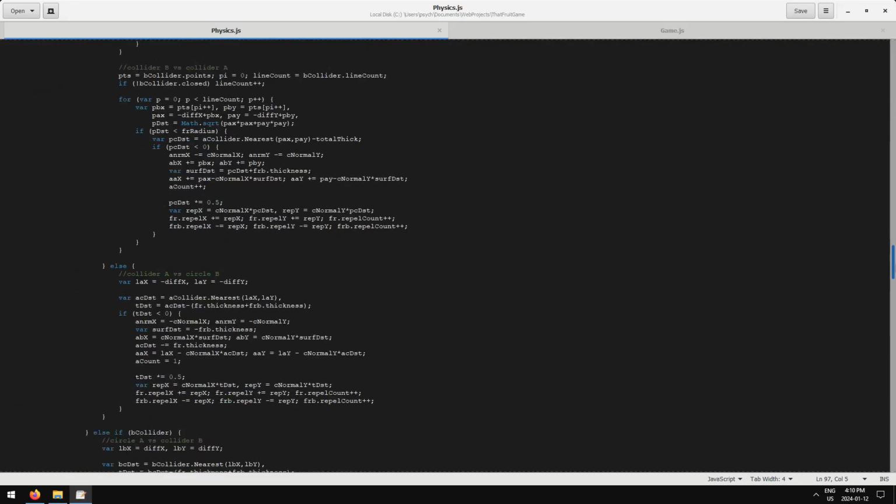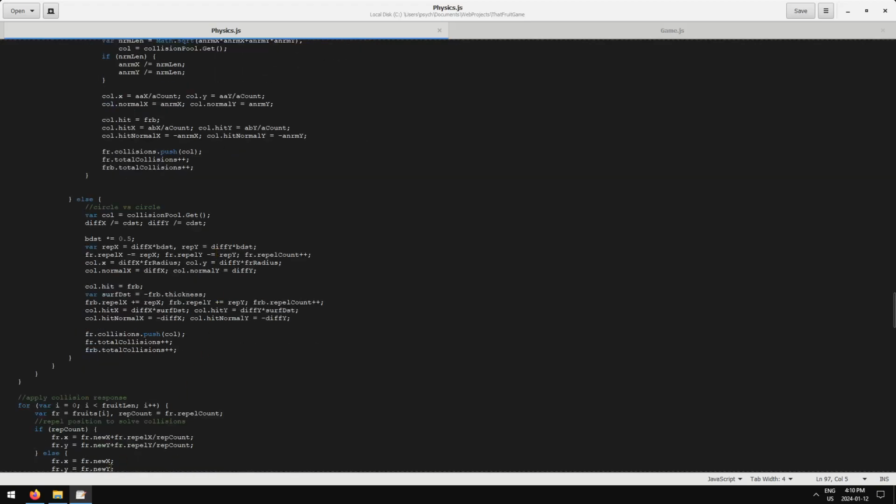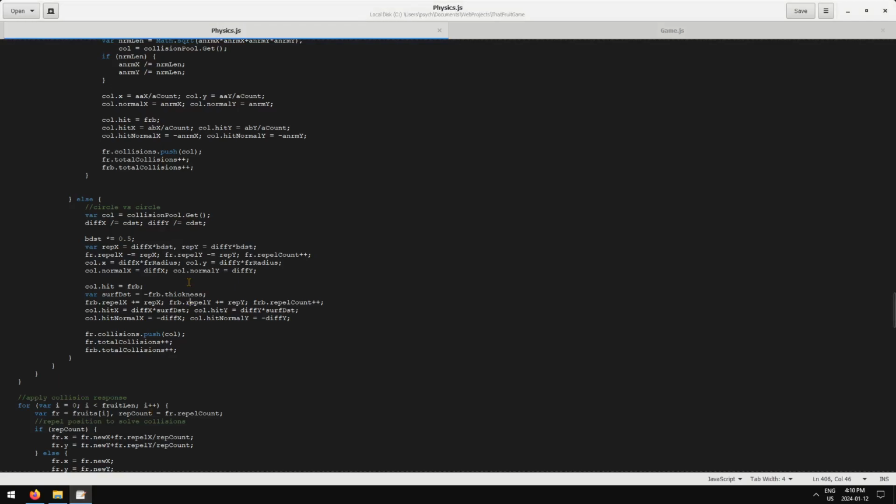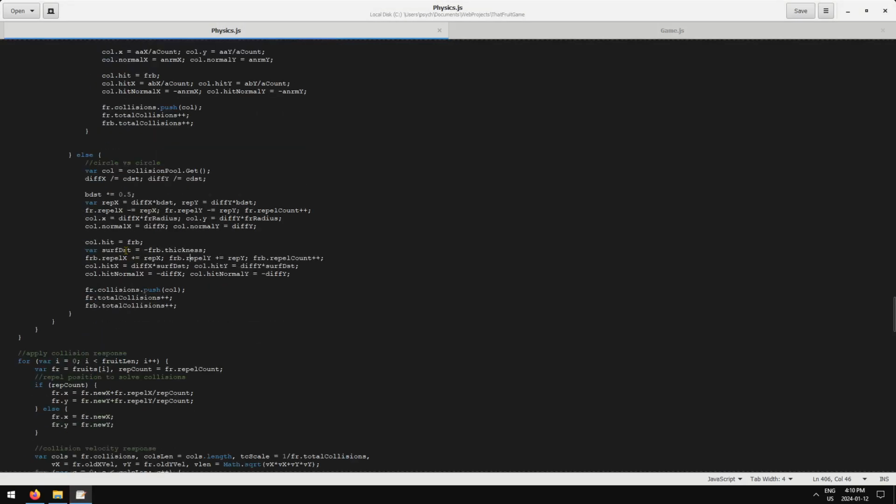So I actually changed the collision response a little bit. Hold on, I'm just pausing this. Before, I was having two separate collisions, an A collision object and a B collision object, one for each object collided with.